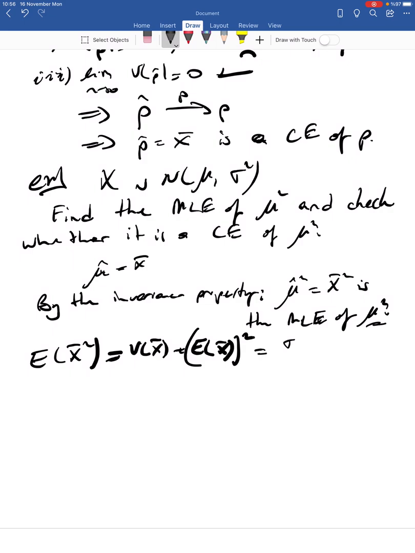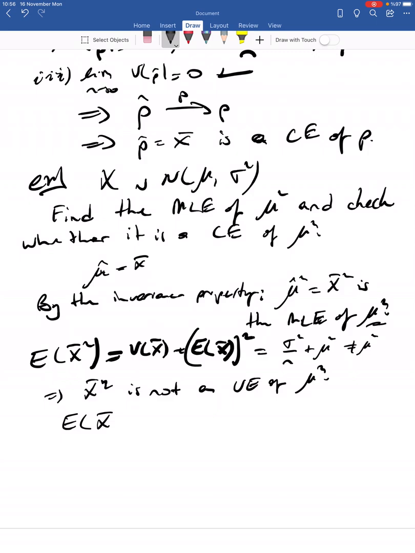So we have sigma square over n plus mu square. So this is not exactly mu square. So x bar square is not an unbiased estimator of mu square. But expected x bar square converges to mu square as n goes to infinity. So this means that x bar square is an asymptotically unbiased estimator of mu square.